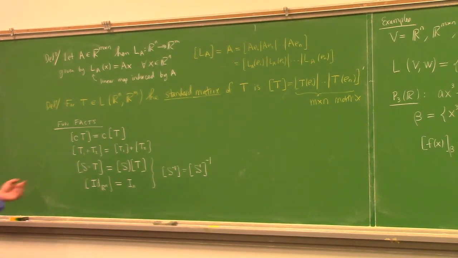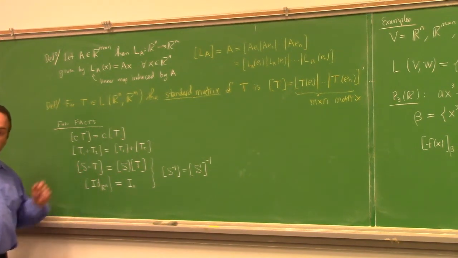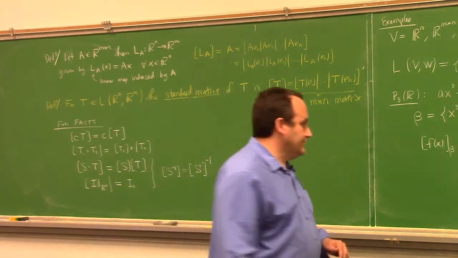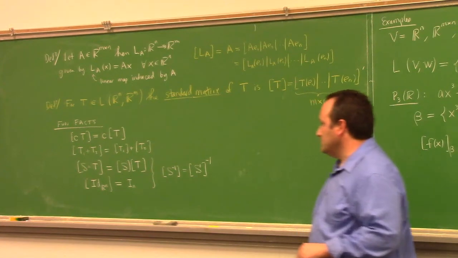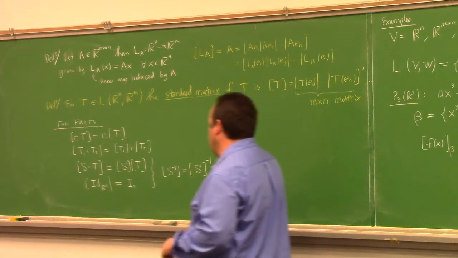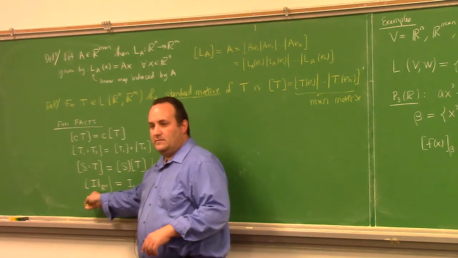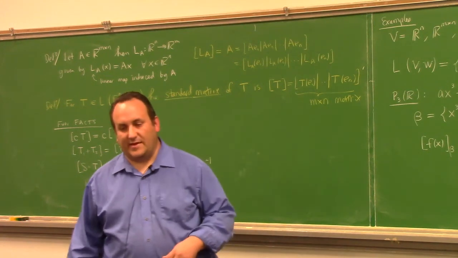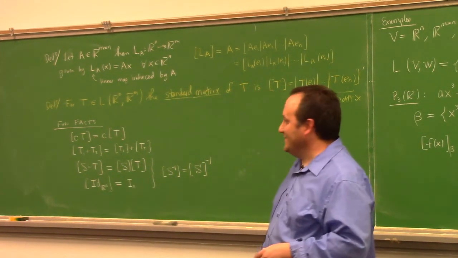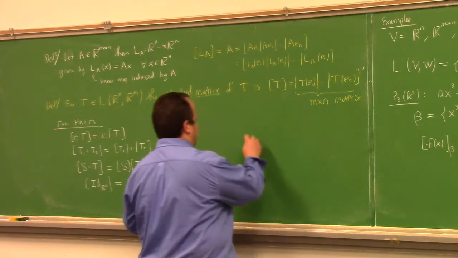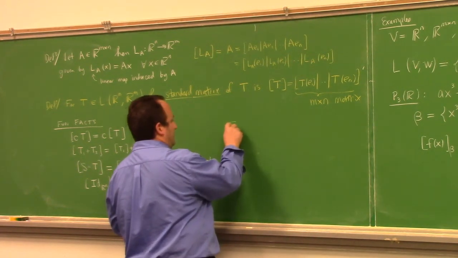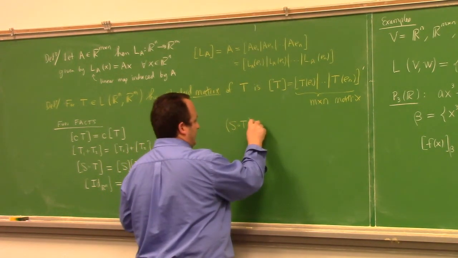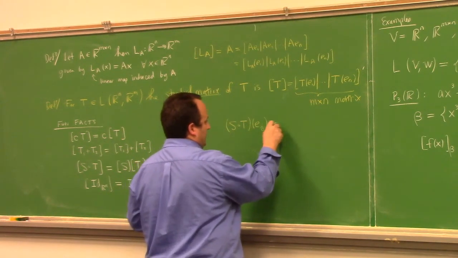Let's actually do this proof. The standard matrix of the identity map on Rn is the n by n identity matrix. So check this out. S composed with T acting on EJ. What is that?